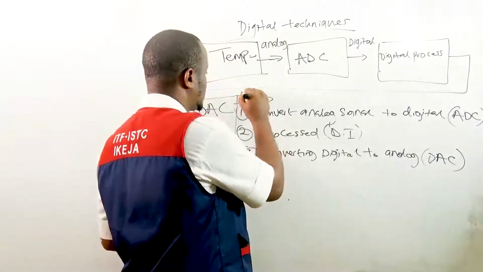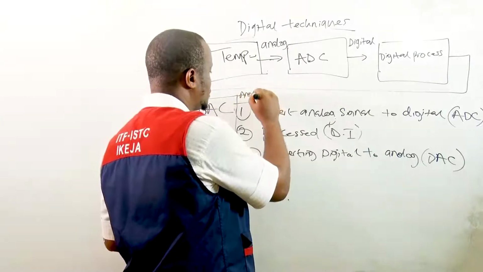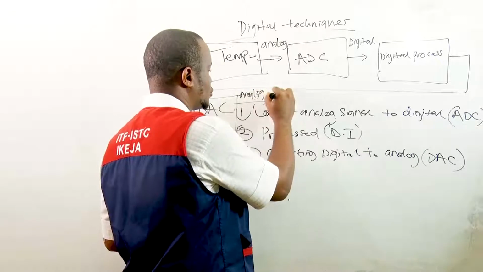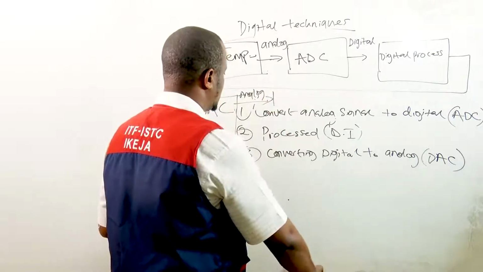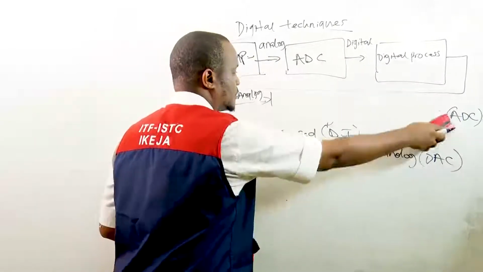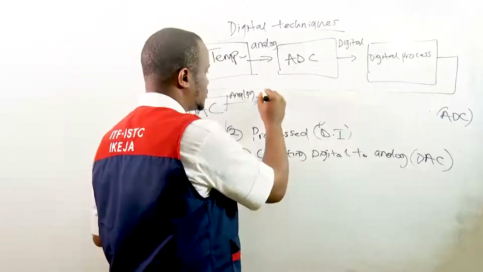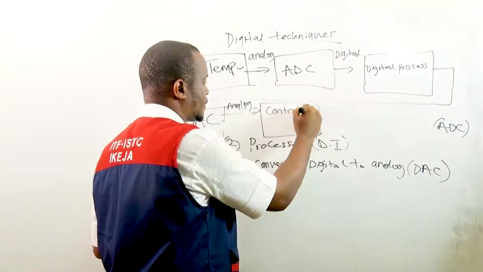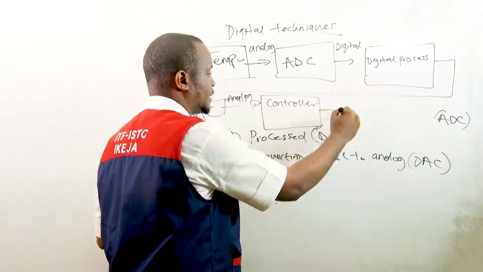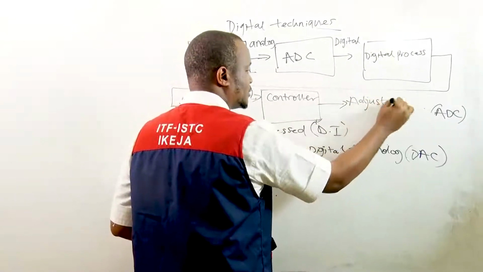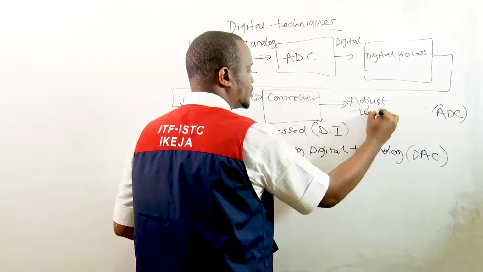Analog now goes to a controller. Goes to the controller. And then the temperature is adjusted.